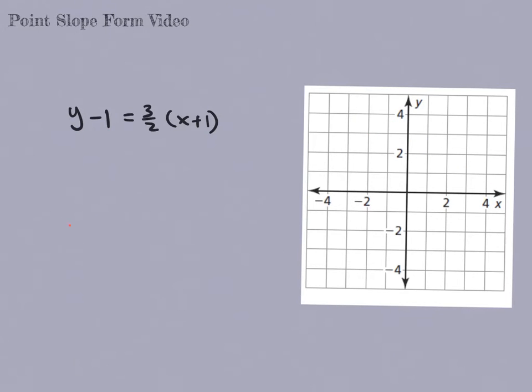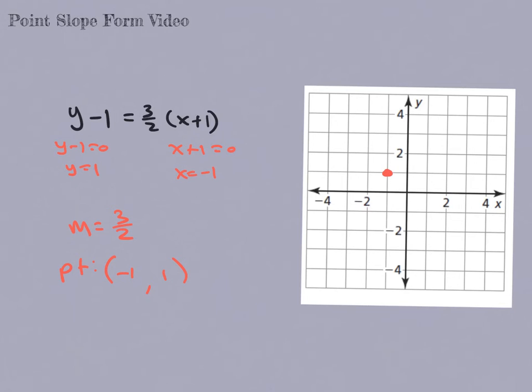My slope is 3/2. And then to get the point, I'm going to solve each of these equal to 0. Y minus 1 equals 0, so y equals 1. X plus 1 equals 0, so x equals negative 1. So that's negative 1 comma positive 1. That's this point here.